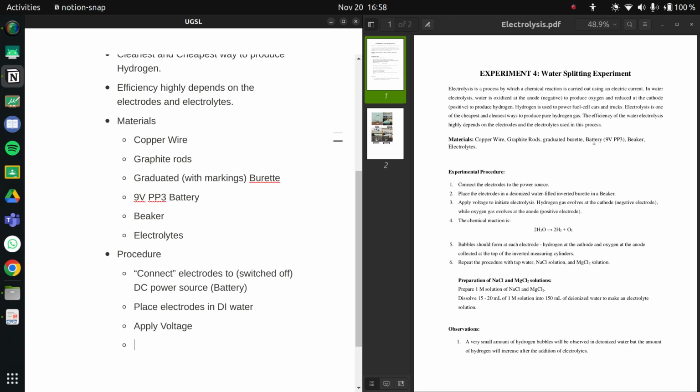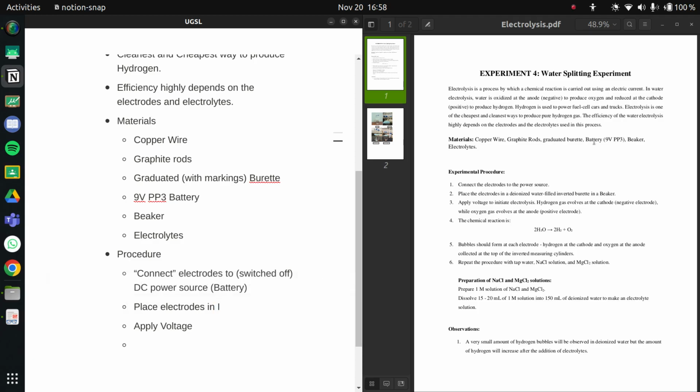So graduated burette, and this is an inverted burette in a beaker. What? Why? Burette in a beaker. Okay. It's not in DI water. It's more like, okay, place electrodes in inverted burettes.